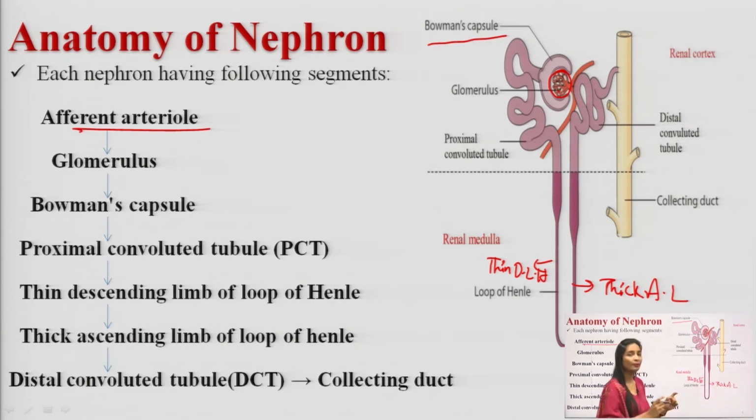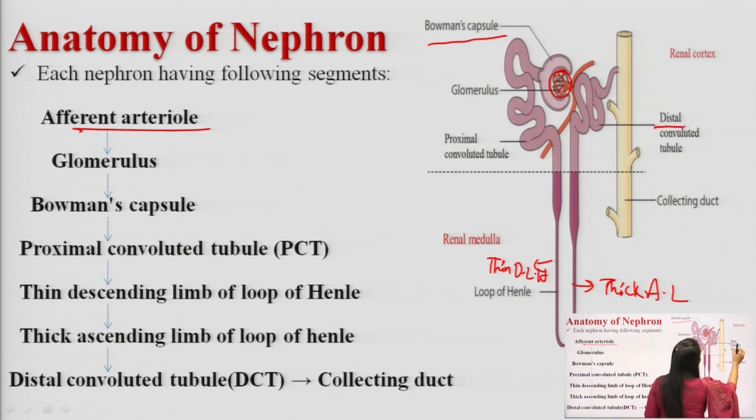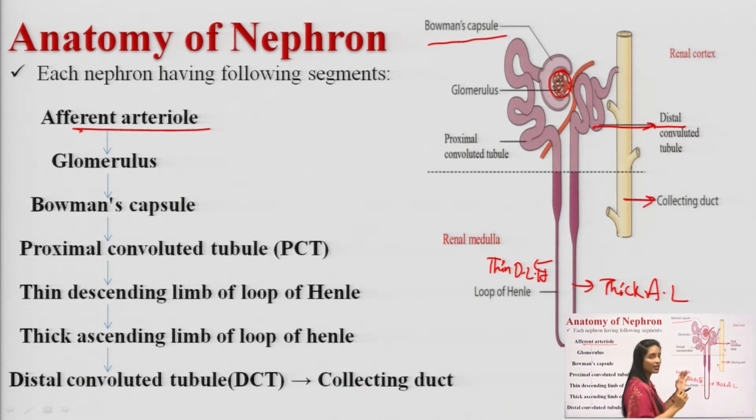Remember, the descending limb is thin and the ascending limb is thick. After that you can see the distal convoluted tubule, and finally the collecting duct. These are the parts of the nephron: glomerulus, Bowman's capsule, proximal convoluted tubule, thin descending limb, thick ascending limb, distal convoluted tubule, and finally the collecting duct.